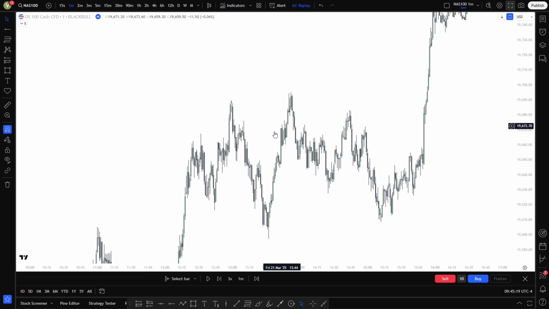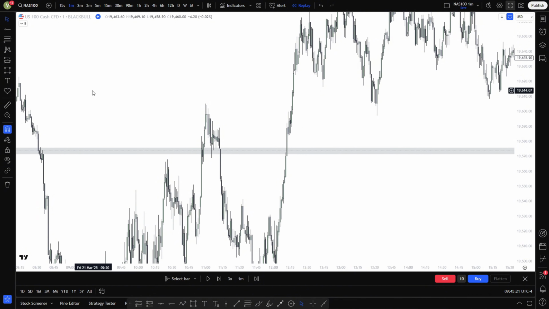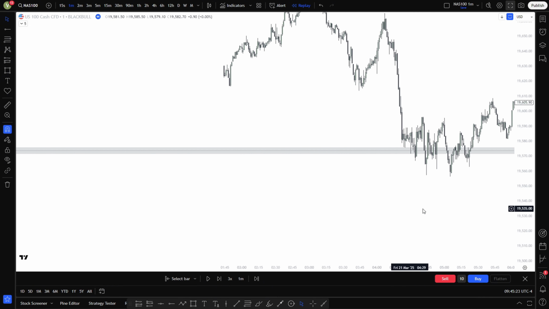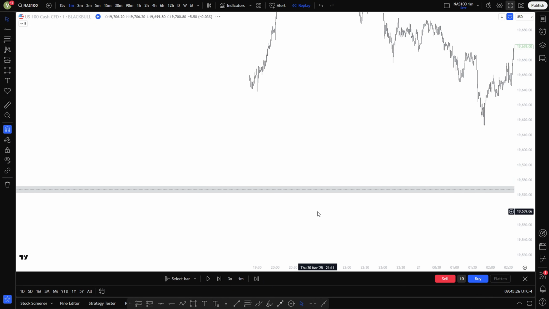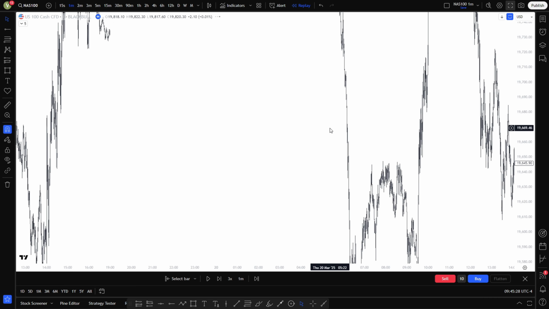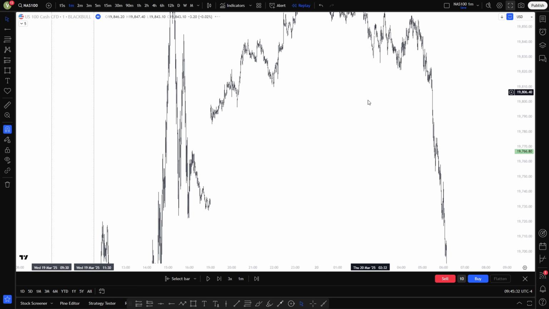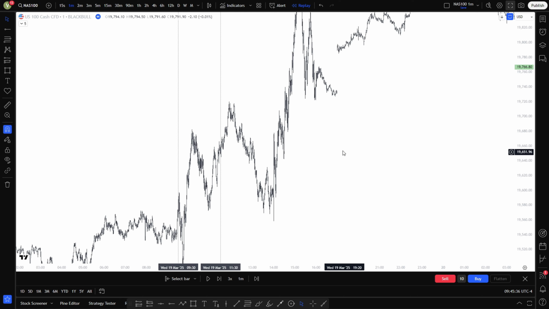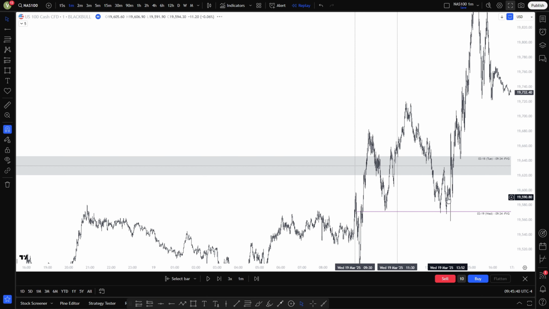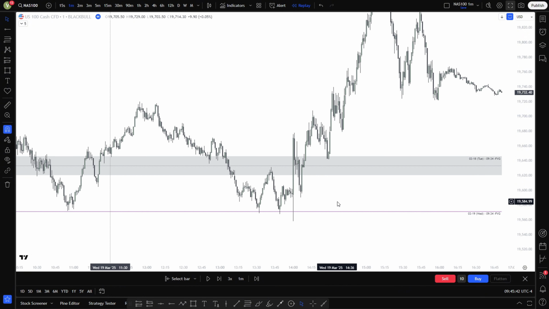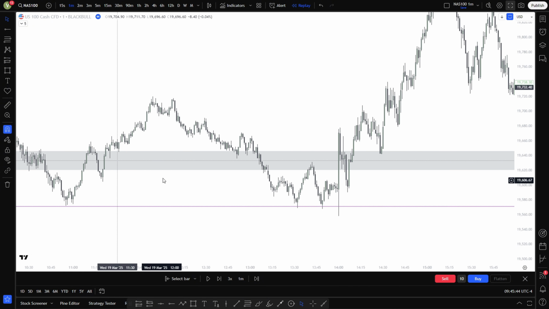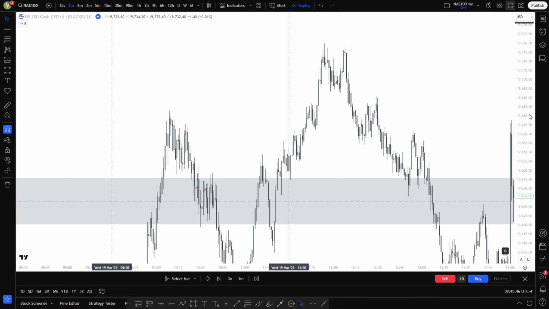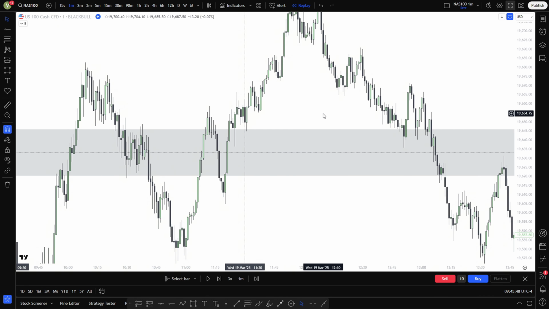Oh, there it is. Okay, I want to go back to March 19th, the previous example that we were looking at. Okay, this is here. Yes, to illustrate the same concept.